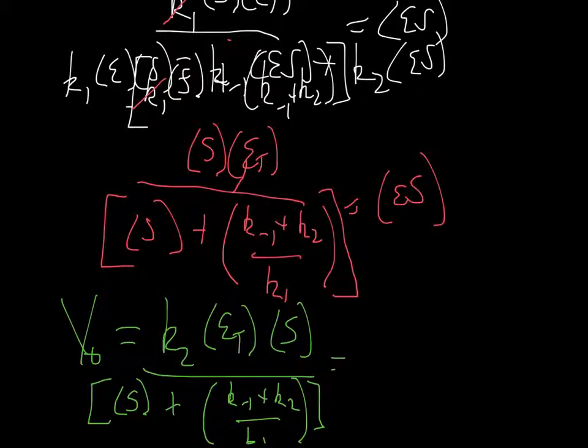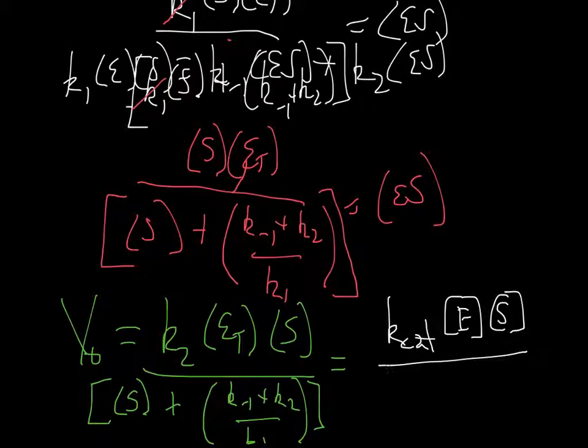You more likely see it looking like this, written this way, where it's still V. I'm just not going to rewrite it as a V. Is equal to K cat times E. They just don't tell you that it's E total times S divided by S plus a capital Km.